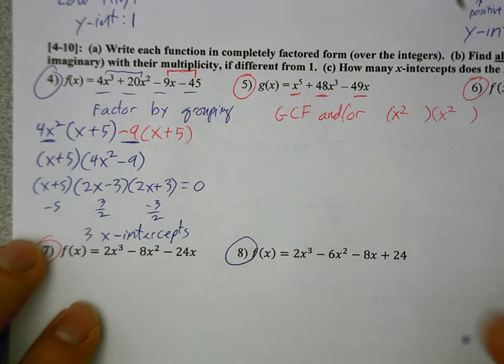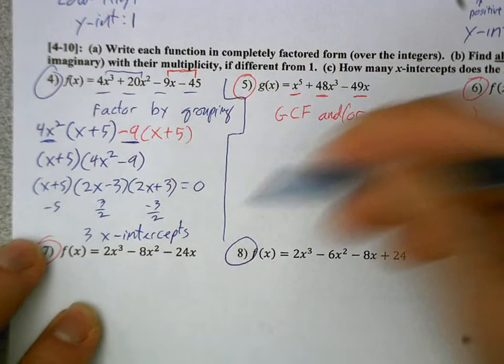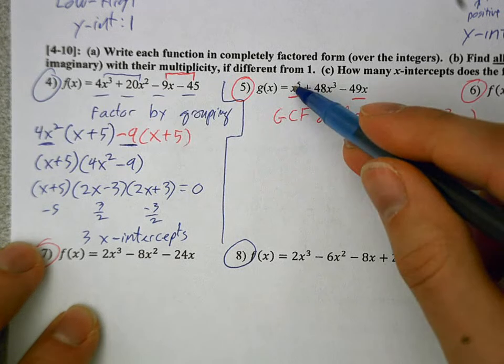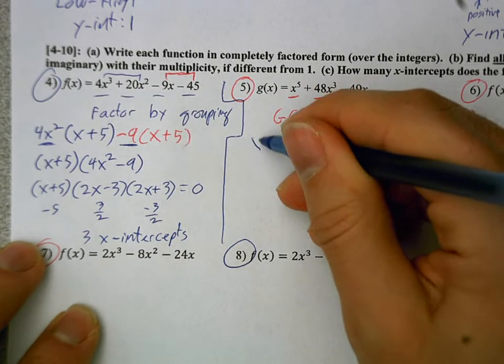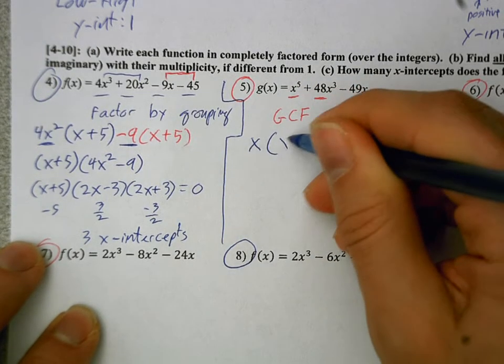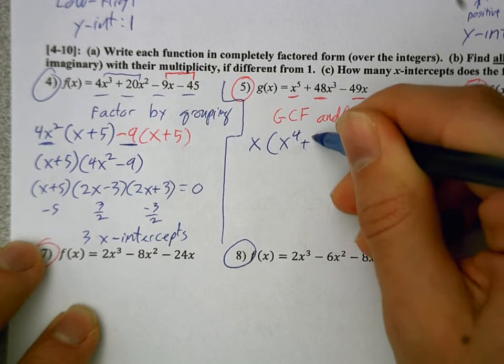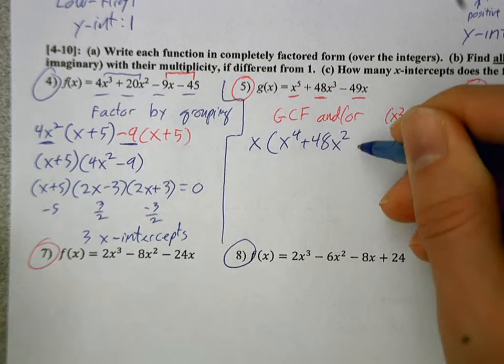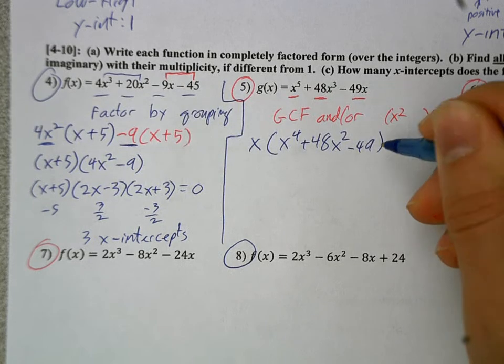Number 5, factoring by GCF, looks like they all have an x, so I would take that out, left with x to the 4th plus 48x squared minus 49.